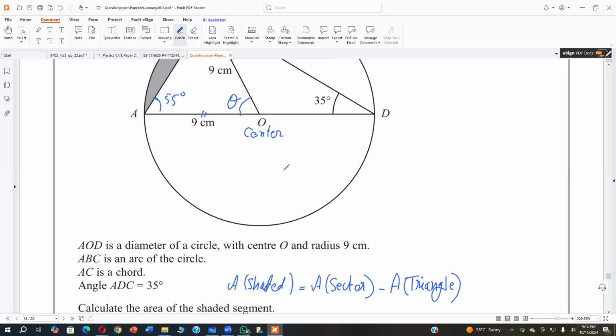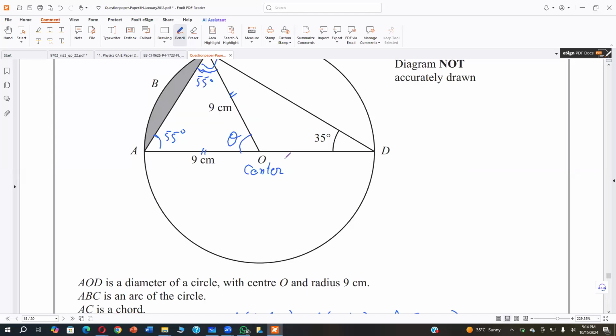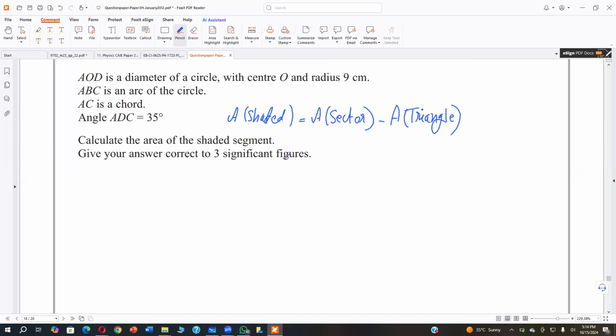So we can also do it by another approach. Theta is the angle at the center, and the angle at the center is twice the angle at the circumference. We could also have done it by simply doubling the 35. So theta plus 55 plus 55 is equal to 180, and theta is equal to 70.